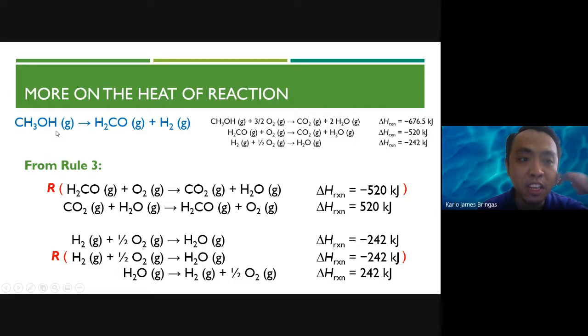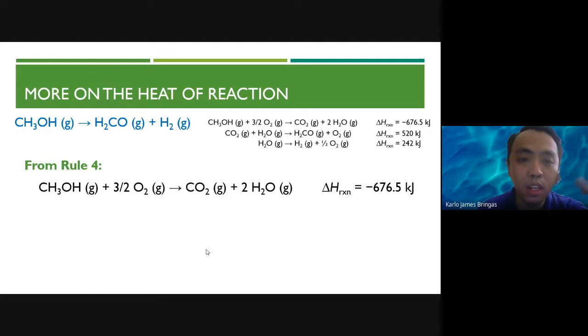So CH3OH, tama ng kanyang coefficient, nasa tamang side rin siya earlier. H2CO, so pareho lang rin, it's already on the right side of the equation. And same with our hydrogen as well. So the hydrogen, it's now already on the correct side. So this is where our rule number 4 comes in.